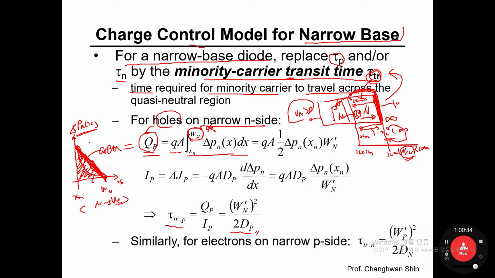Since Q sub p indicates the area, and this line is a straight line, estimating the area underneath is very simple.